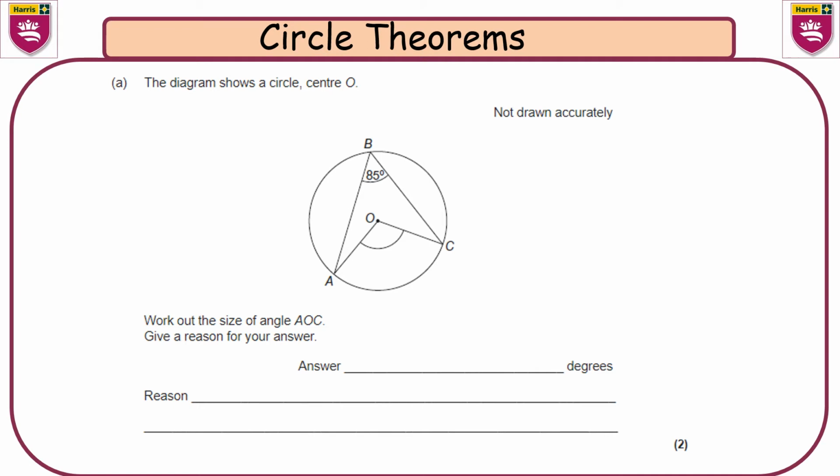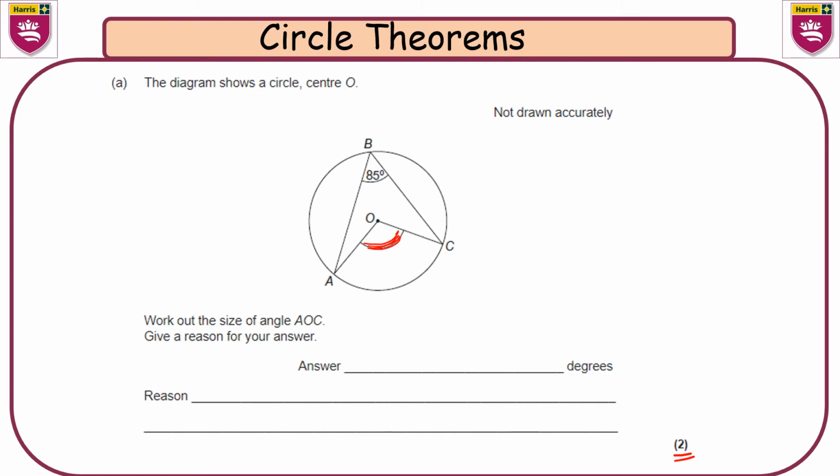Right, similar type of question as the previous one. Make sure you pause the video and try this question. There are two things that I need to write down in order for you to get 2 marks from it, remember. The angle we're looking for is AOC, so this bit here.